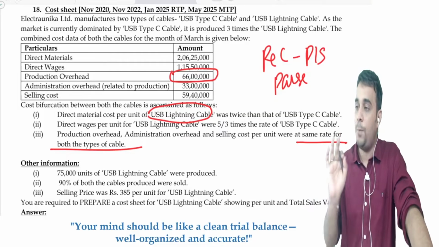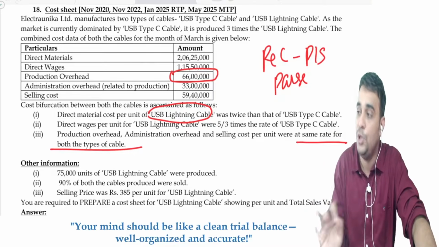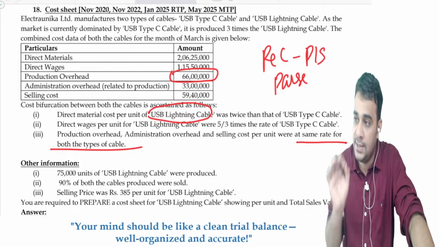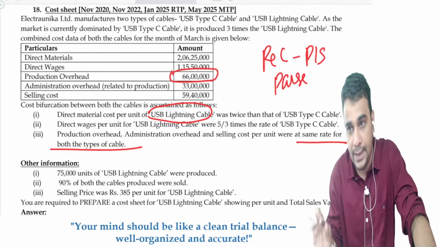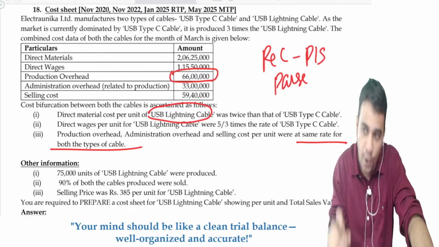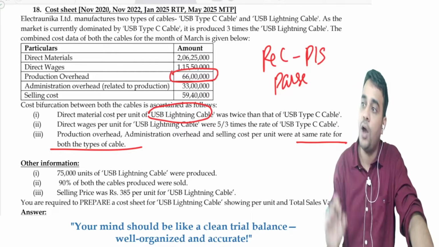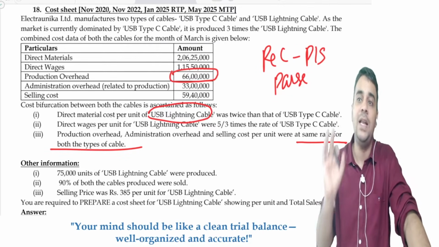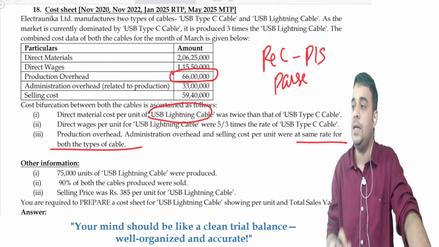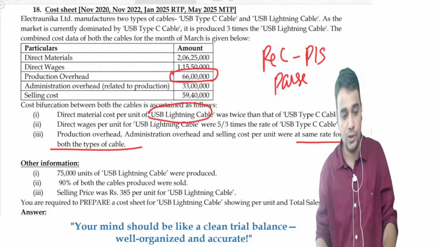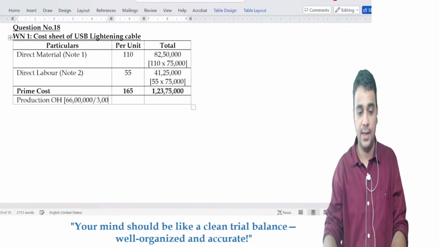Here what they have said, for production overhead, administration overhead and selling cost, the per unit cost is at the same rate. Same rate means whatever is the per unit cost for type C is the same per unit for lightning. Clear? Any doubts on this? So now read production overhead in bracket: 66 lakh divided by 3 lakh units.